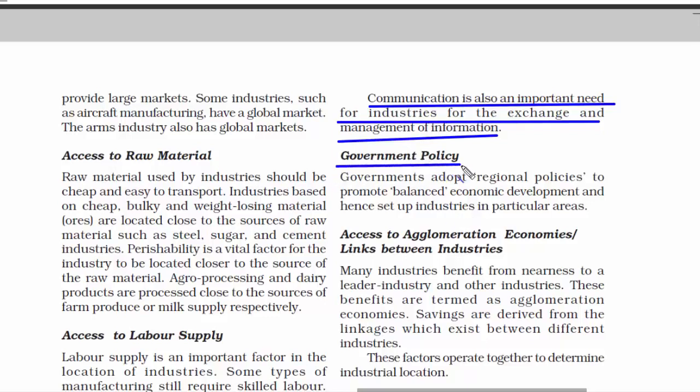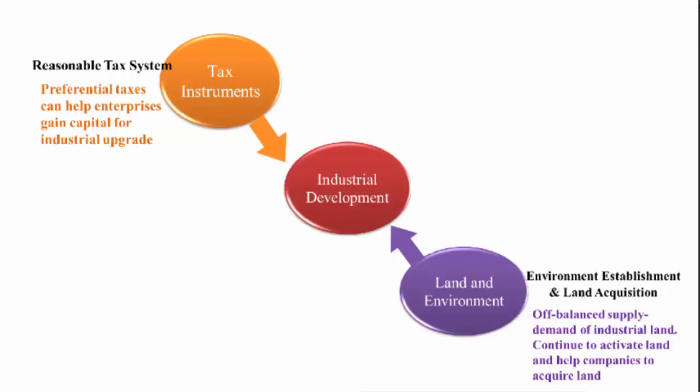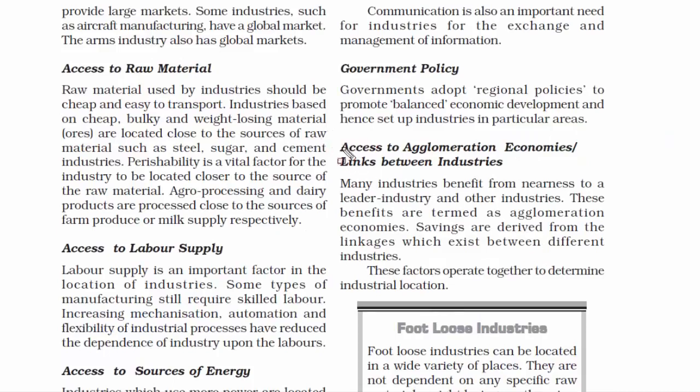Then we have government policy. Industries boost economic development of a region. Therefore, government does a lot to promote industrial development in terms of giving incentives like reducing taxes, import duties, power concessions, etc. And the final factor is access to agglomeration economies, that is, links between industries. So the meaning of agglomeration is a collection of things.